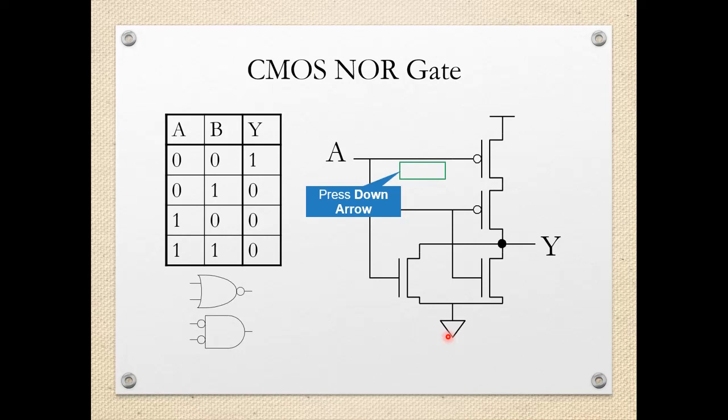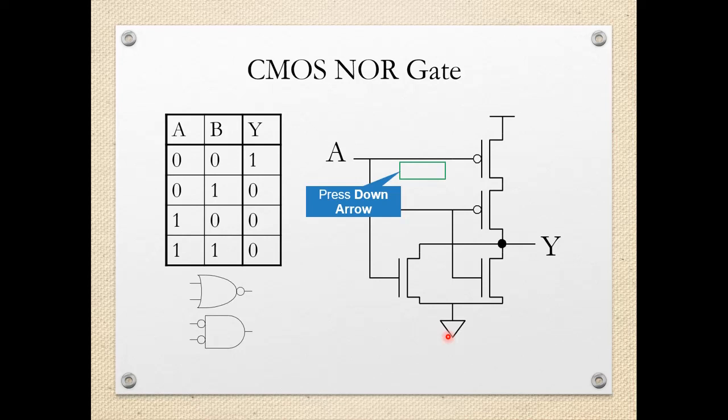Now the third case, A is 1. A is 1 means this P MOSFET will be off and this N MOSFET will be on.